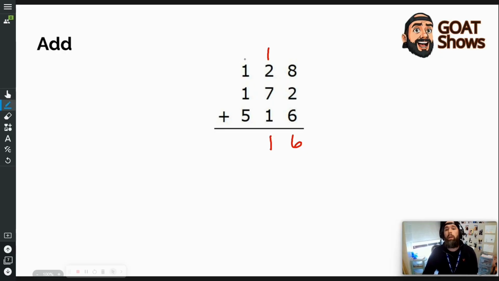Write out your 1, carry the 1. 1 plus 1 is 2. 2 plus 1 is 3. 3 plus 5 is 8. Write out your 8. And 128 plus 172 plus 516 is 816.